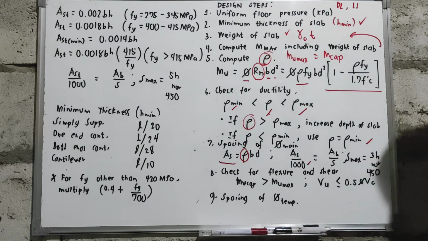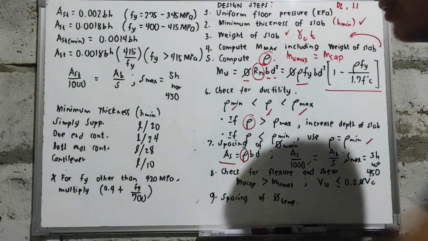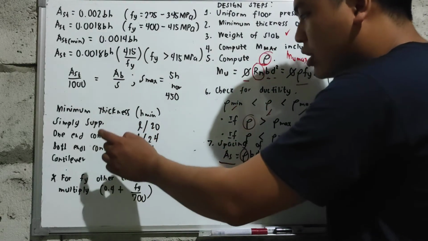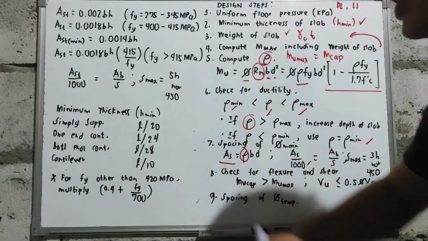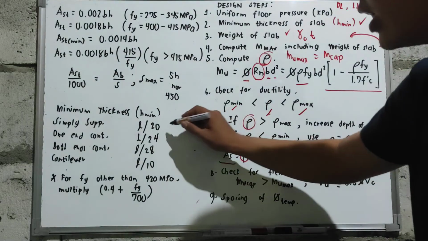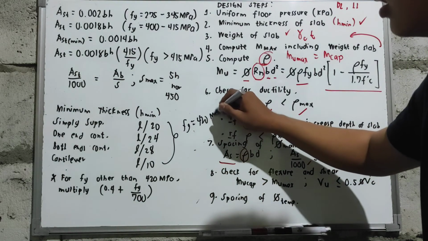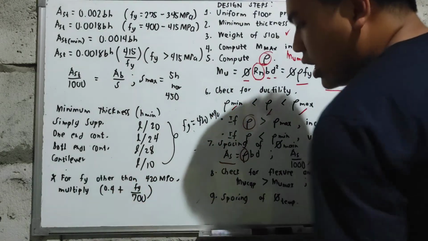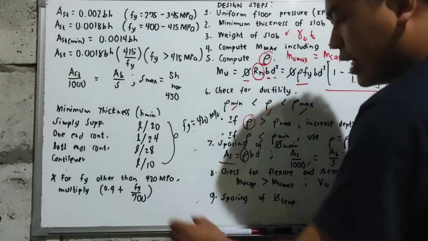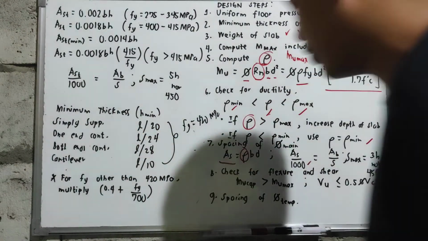And after, balikan lang natin yung minimum thickness natin. So this will be your minimum thickness for simply supported, one end continuous, both ends continuous, at saka cantilever. So etong mga to, applicable lang to kapag 420 megapascal yung Fy natin. For Fy other than 420, gagawin natin itong formula natin na to, imumultiply lang natin ng 0.4 plus Fy over 700.